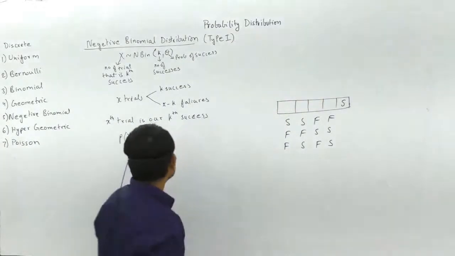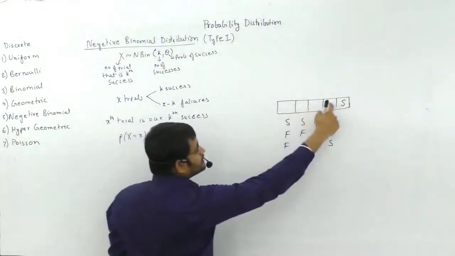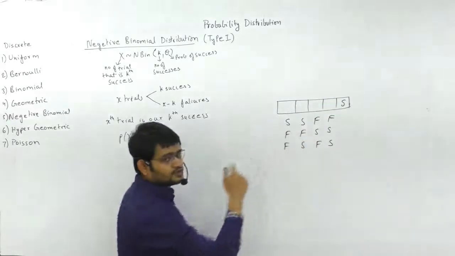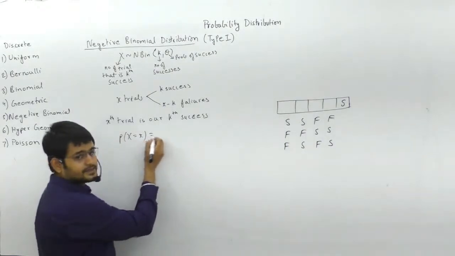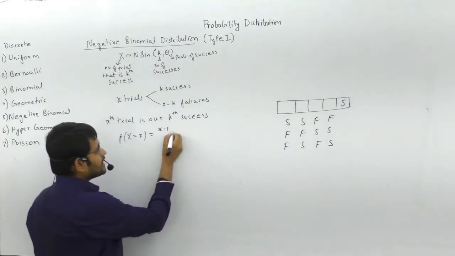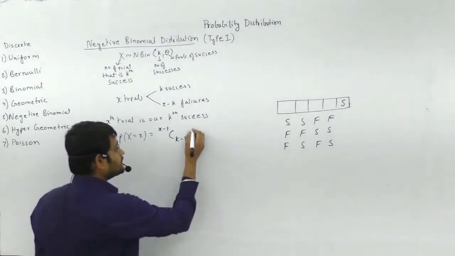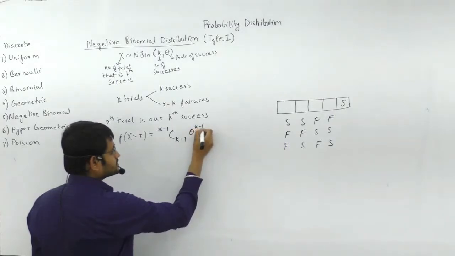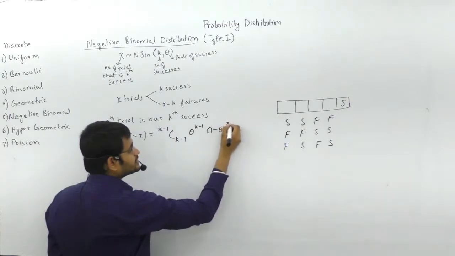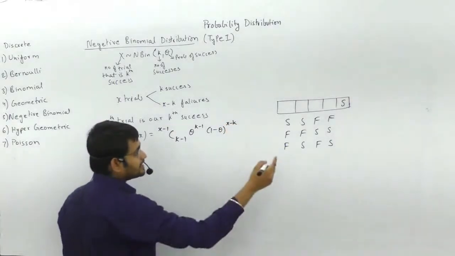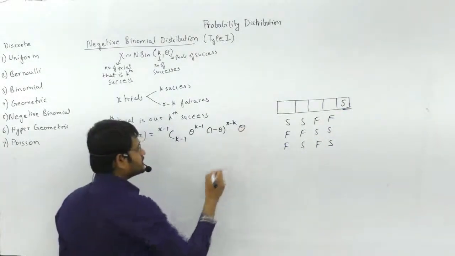So how would we arrange that? We would say that out of 4 trials, I will have to select 2 positions for the 2 successes. Or I can say out of x minus 1 trials, I will have to select k minus 1 successes, then arrange my k minus 1 successes, then arrange my x minus k failures, and lastly, the last trial is my success, so theta.